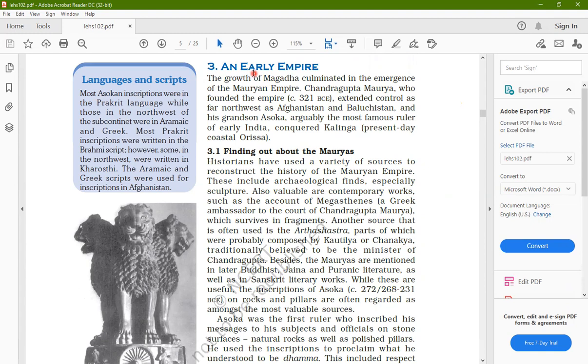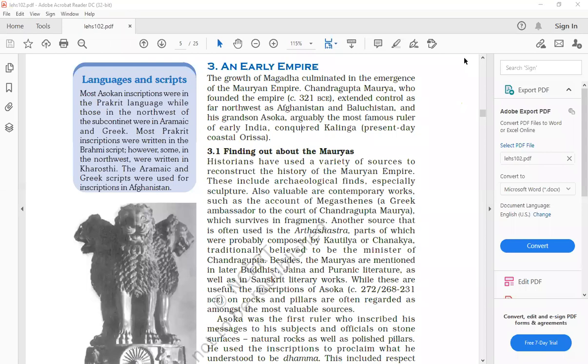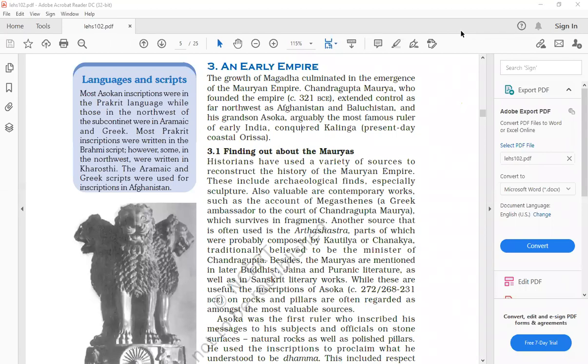So the answers for this all are like Chandragupta Maurya founded this empire in 321 BCE, and its control extended from Afghanistan to Kalinga, that is present day Odisha, that was conquered by Ashoka, after which he turned into a propagationist of Buddhism.